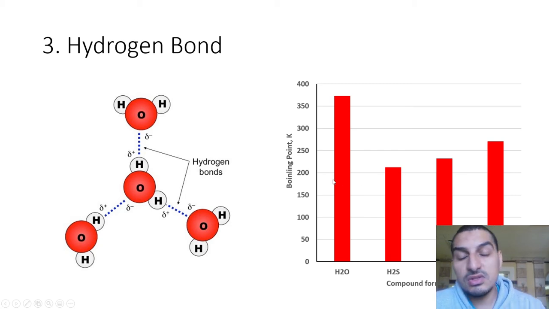But this is not what takes place. Water, because of the formation of hydrogen bonds, has a boiling point way higher than the other two, and way higher than what is expected compared to the other molecules of the same class.